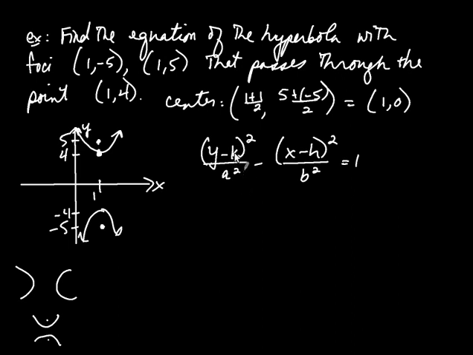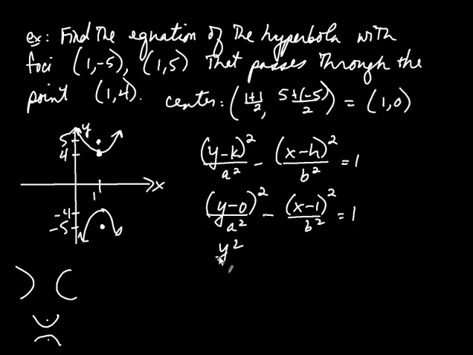So we said that k is 0 and h is 1. Let me write it in so you can see it: (y minus 0) squared over a squared, minus (x minus 1) squared over b squared equals 1. And now it's time to find a and b.